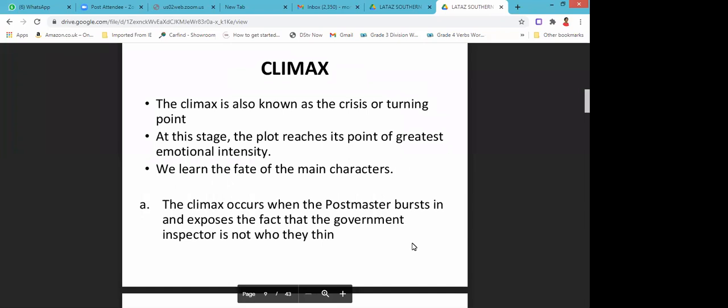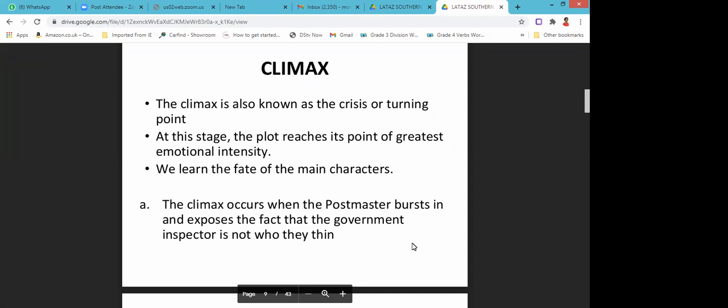Thereafter, we go to the climax, also known as the crisis. At this turning point, the plot reaches its point of greatest emotional intensity. Everything comes to an explosion. All the conflicts, the buildup comes to an explosion.